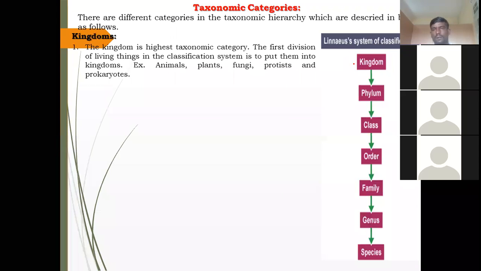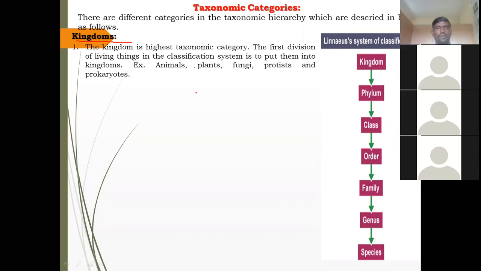That is kingdom. Then the second one phylum, third one class, then order, then family, genus, and species. These are the categories. They are particularly used for the classification purpose. So let us start, what is kingdom.